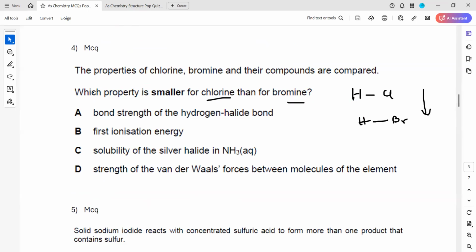So, the HBr bond we can break because bromine has a larger size, so weaker strength of a bond, so it can easily break down. So it means the HCl bond will be stronger and this will be weaker. So it cannot be A.